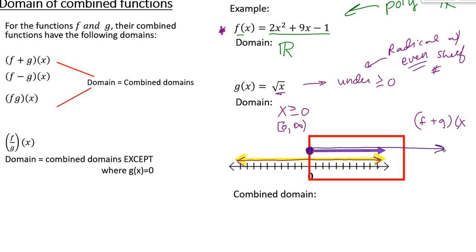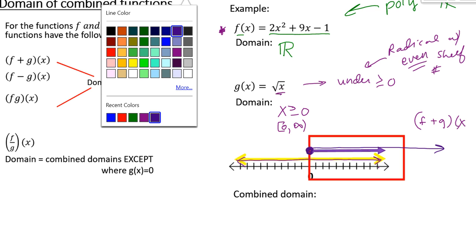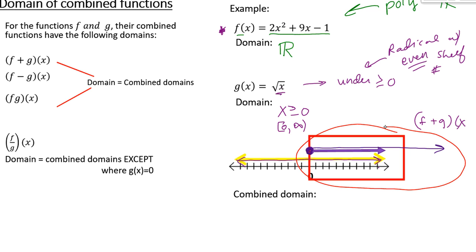So if you look at that picture, you can see that inside that red box, this is what they have in common. That becomes the new domain. So the domain for the combined functions would be, again, x greater than or equal to 0. Or you can write it like this.